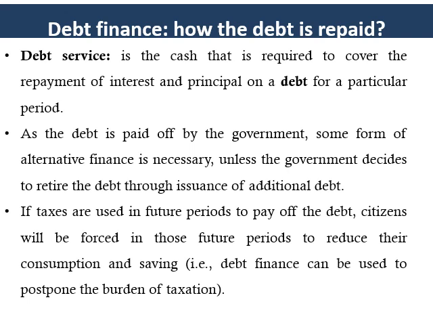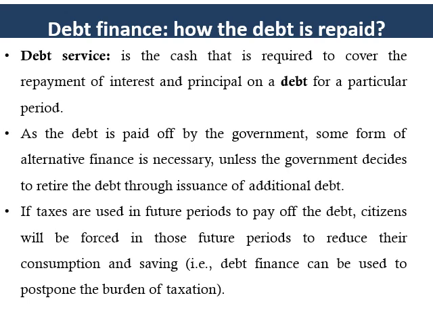Sometimes governments borrow again to be able to repay the debt service, and at other times the government increases taxes to be able to pay the debt service. This means that debt finance can be used to postpone or delay the burden of taxation to future generations.